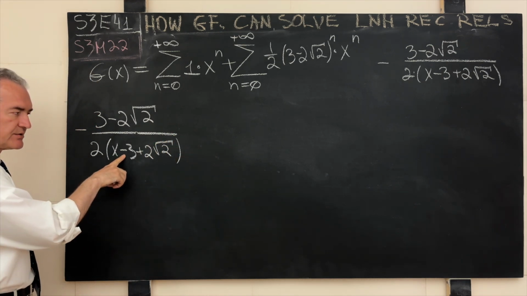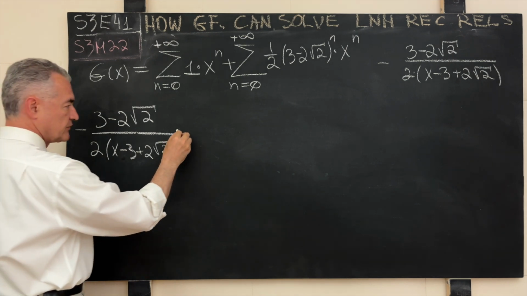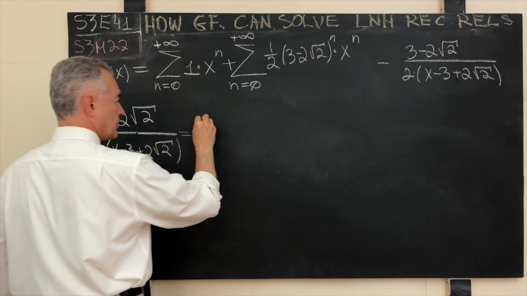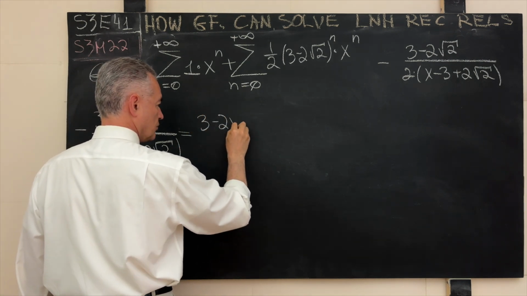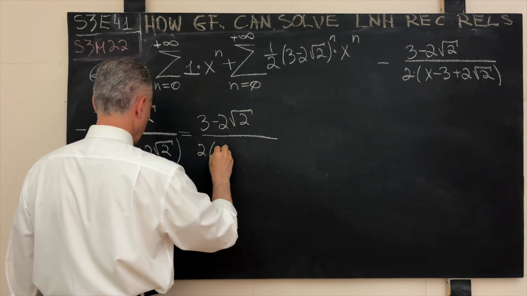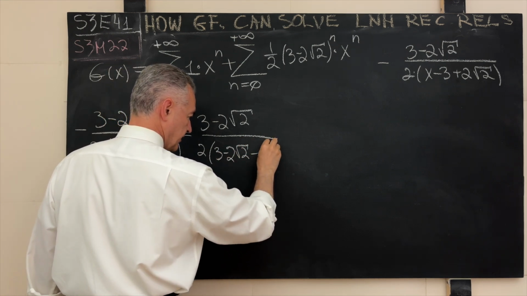Here again we factor out -1 from the parentheses, and what do we have? This -1 collides with this -1, generating a plus, so we have (3 minus 2 square roots of 2) divided by 2 over (3 minus 2 square roots of 2) minus x.